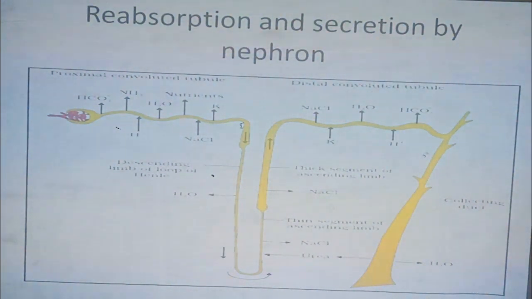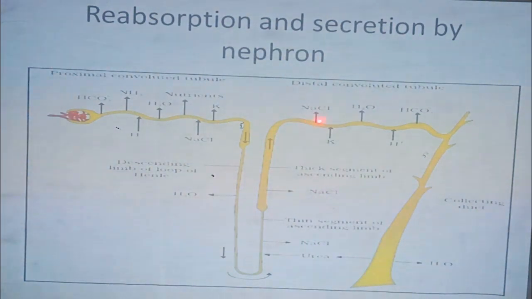Due to the elimination of water, the filtrate becomes hypertonic. In the ascending limb, the filtrate is hypotonic due to the release of NaCl.